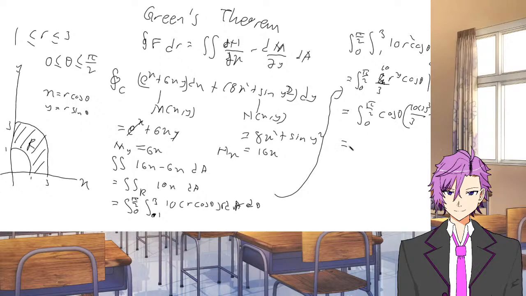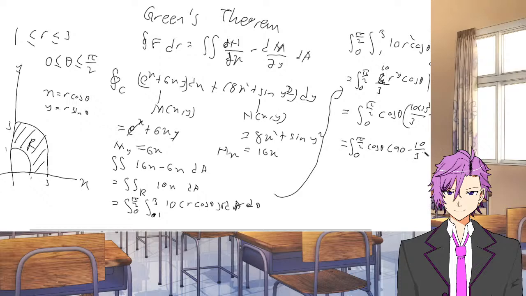So now we still need to use the calculator. So 10 times 3 cubed over 3 is 90, minus 10 over 3. 90 minus that answer.